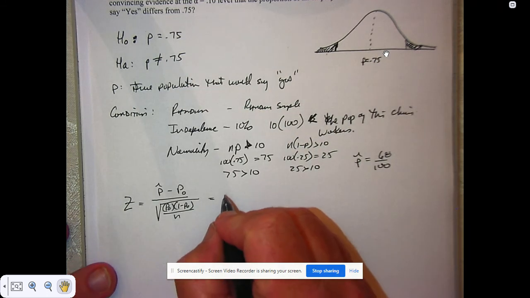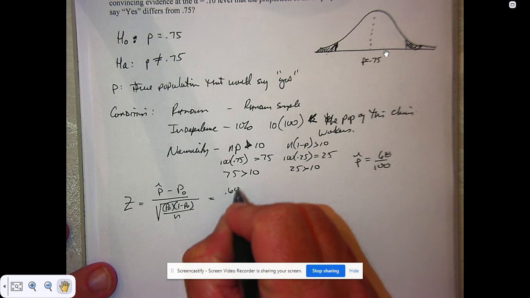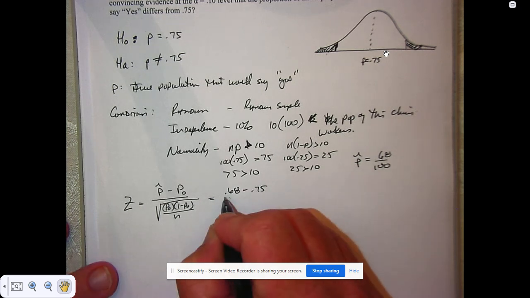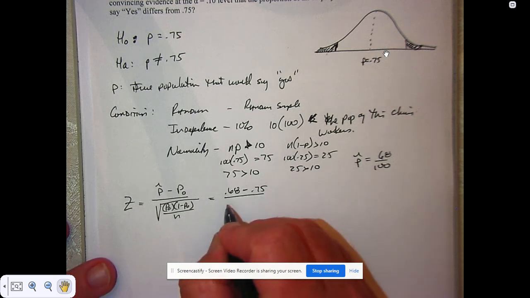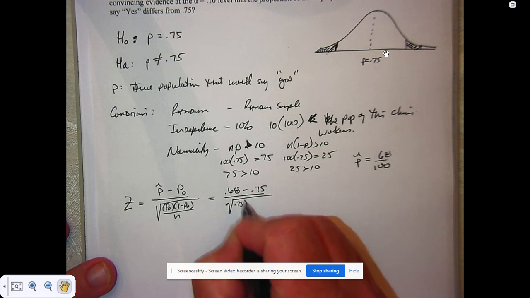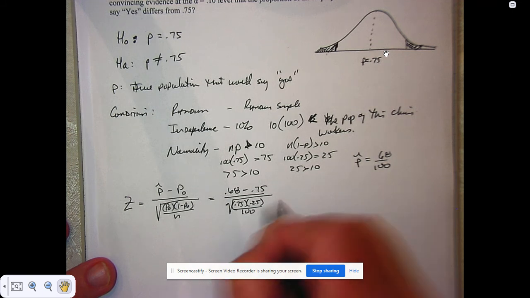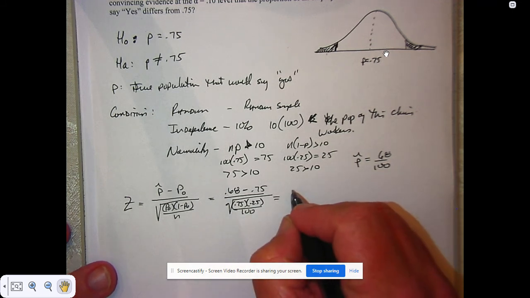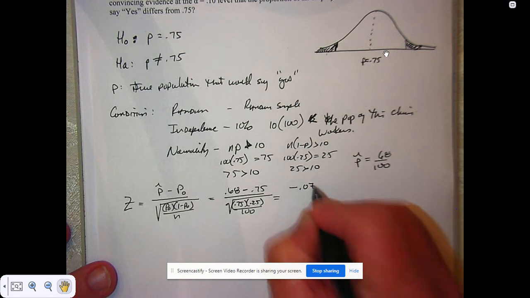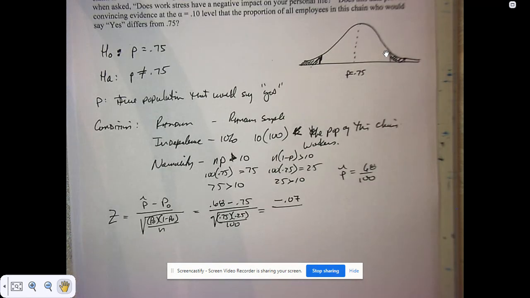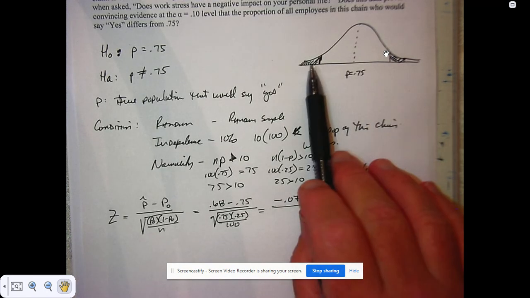So this one's going to be 0.68 minus 0.75, and then the square root of 0.75 times 0.25 divided by their sample size of 100. So we get negative 0.07. All right, that should tell us something. Our z for our sample is going to end up in this tail.